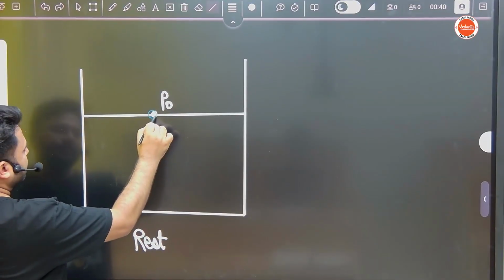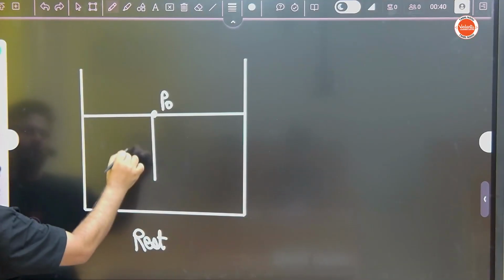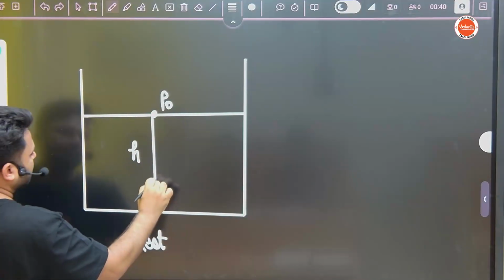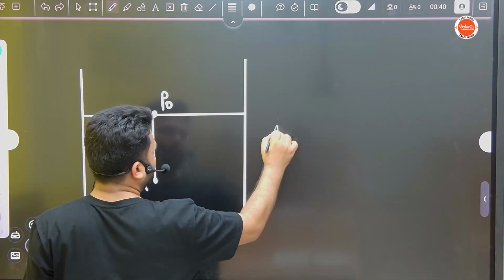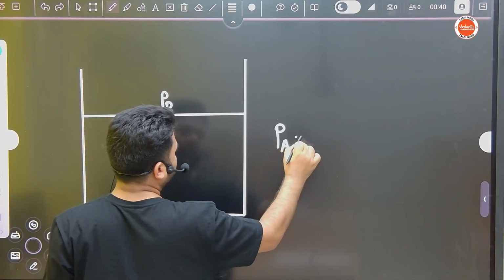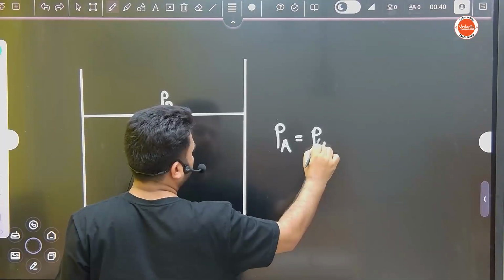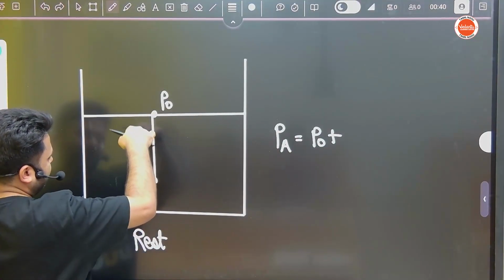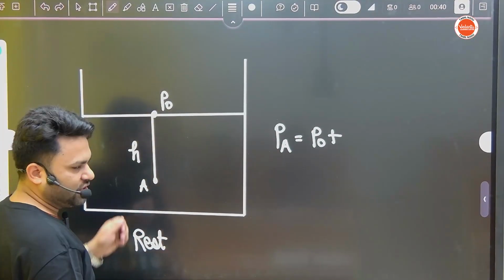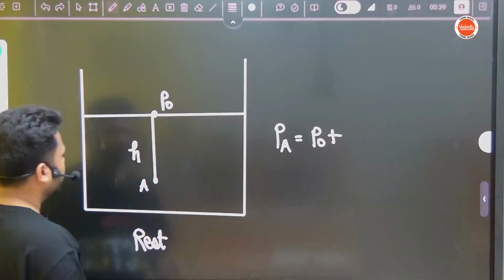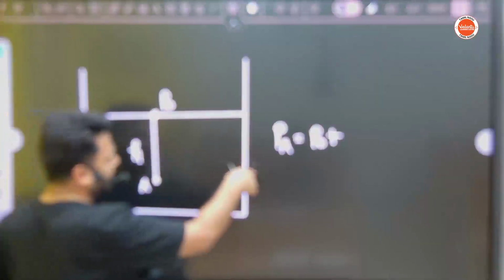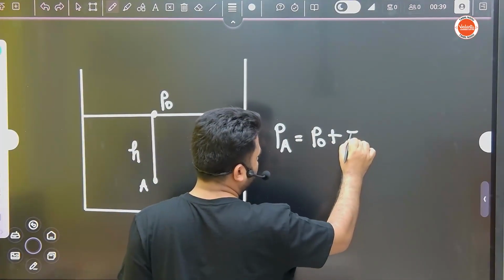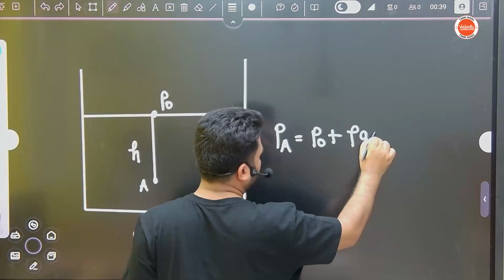If someone asks what is the pressure at a height or at a depth h, point A, so pressure at point A equals P naught plus there is acceleration due to gravity, g, in the downward direction. So more pressure will be at A. Pressure at A equals P naught plus rho net acceleration g into h.